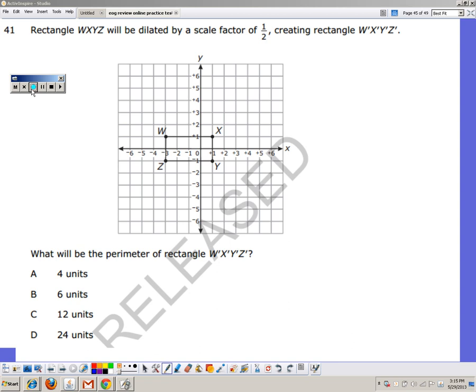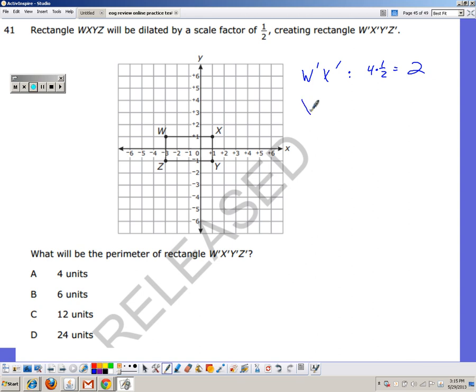So, my new W prime X prime, if I count 1, 2, 3, 4, so it'll be 4 times 1/2, which equals 2. So the distance between my new W prime X prime is 2.